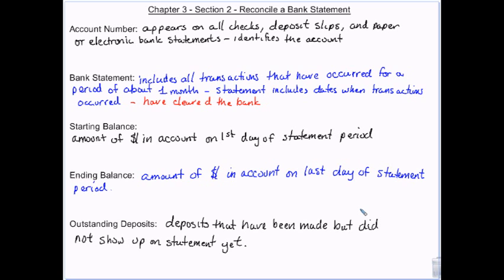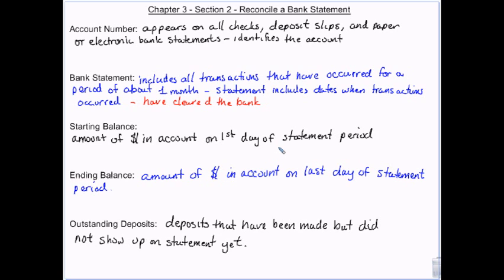So when you look at your balance on the first, it may not match what they say your balance was on the first. That's why we reconcile bank statements, to make sure everything matches. Because you want to catch things. Let's say, for example, the teller, when they were ringing in a deposit, accidentally put it in as a withdrawal. You want to catch that.